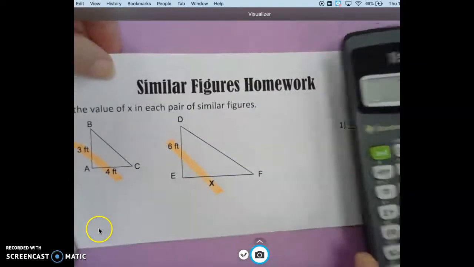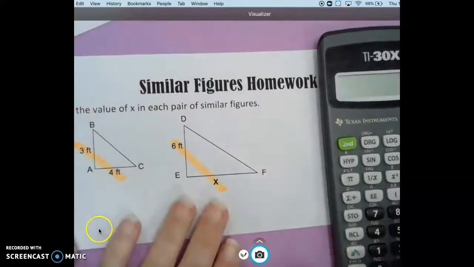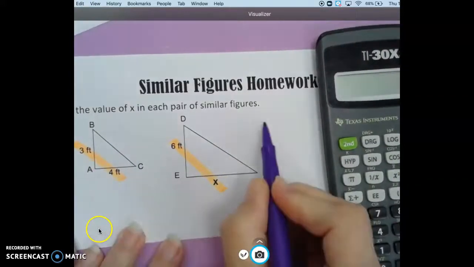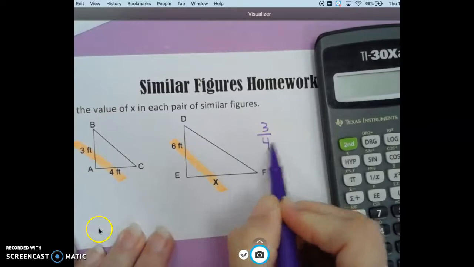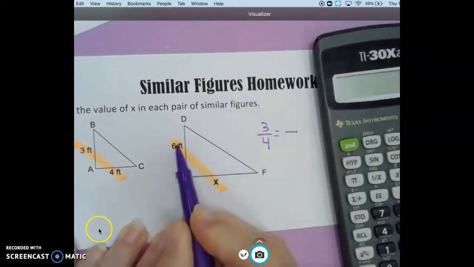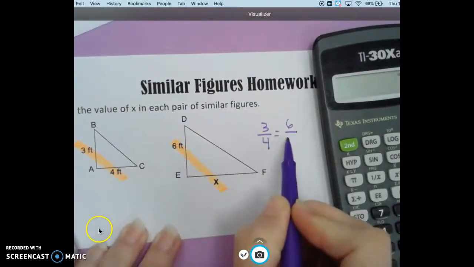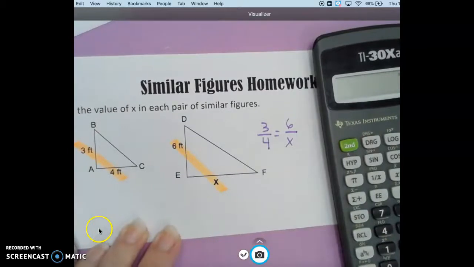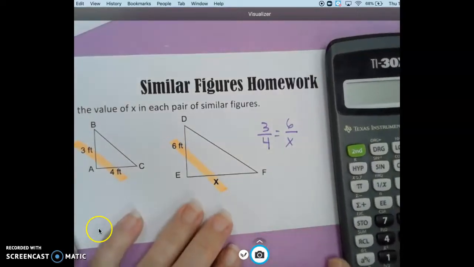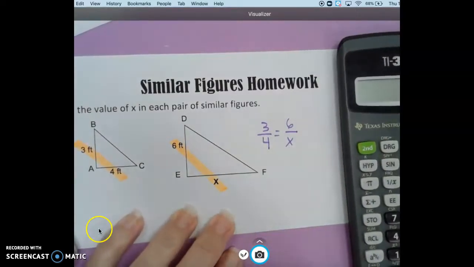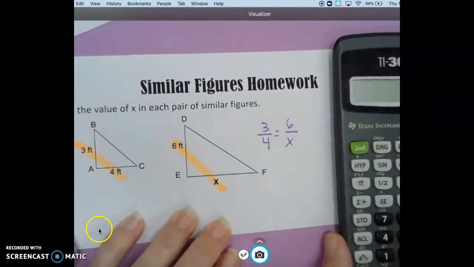So if I set this up 3 over 4 like I just did, and I want it to be equal to 6 over X, which you may be able to look at that and do scale factor like we did the first week of school and tell what it is. But let's go ahead and solve it just in case, so we can practice for those problems that are more difficult.